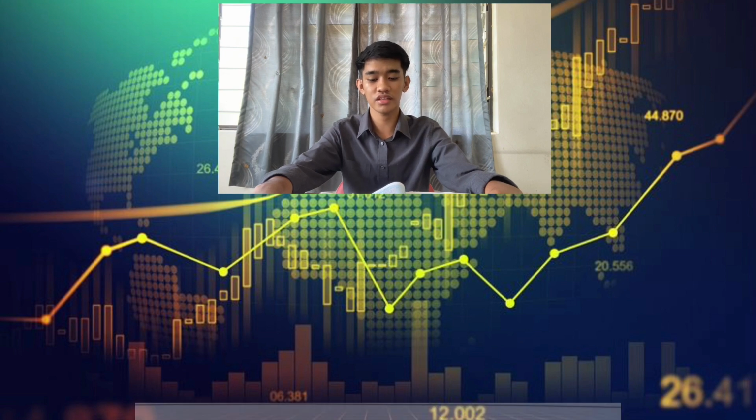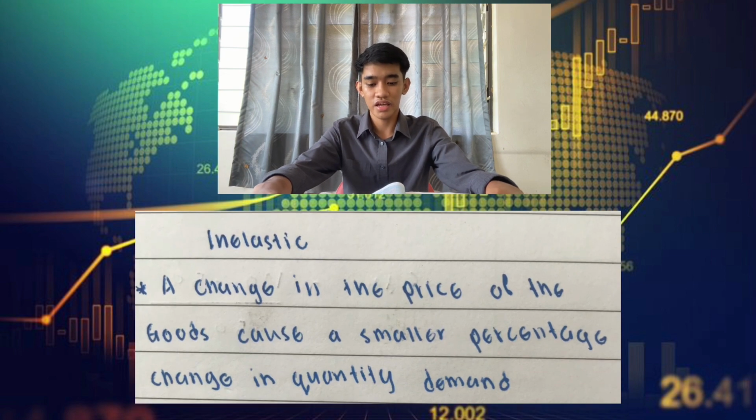Based on the answer, the price elasticity of demand is inelastic. A change in the price of the good causes a smaller percentage change in quantity demanded.